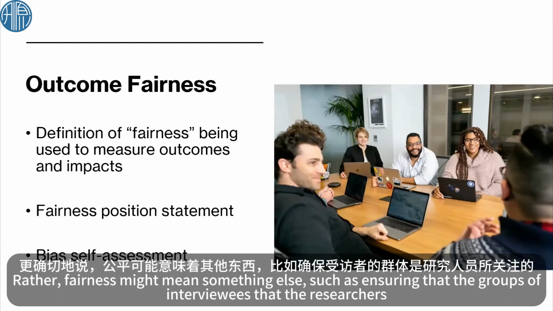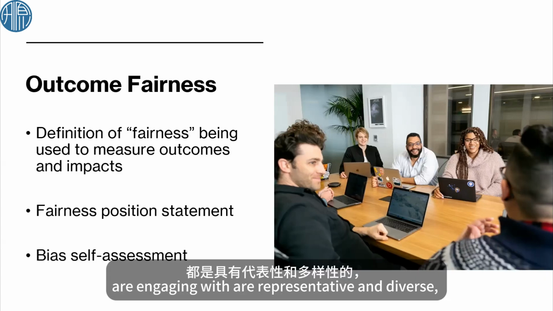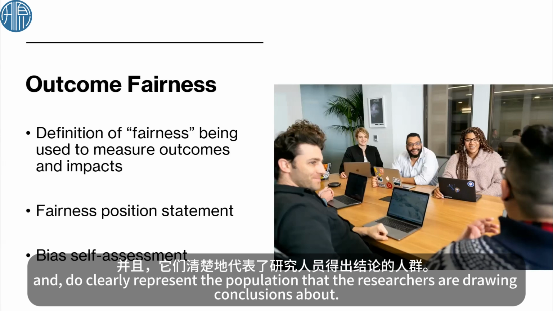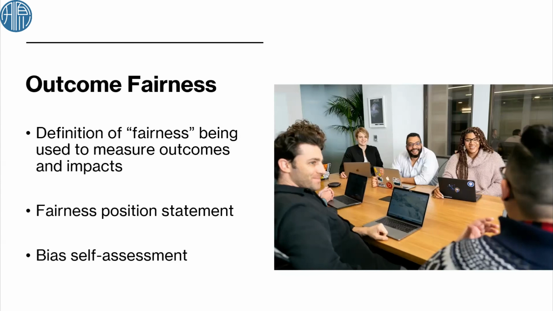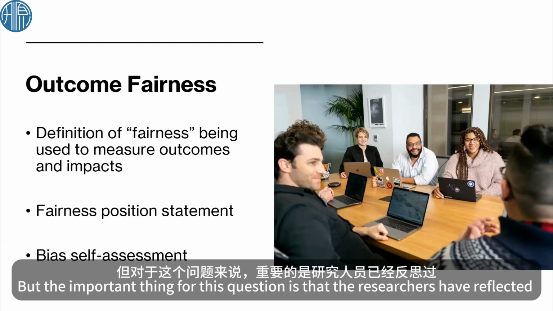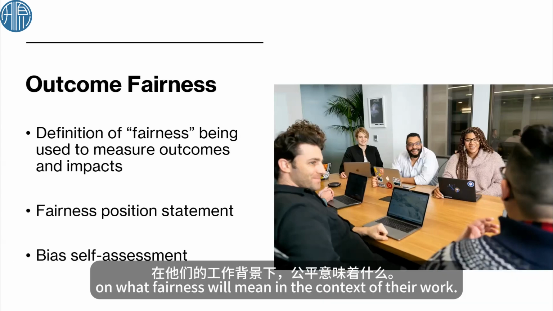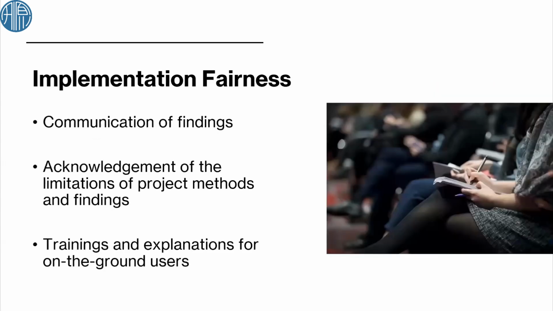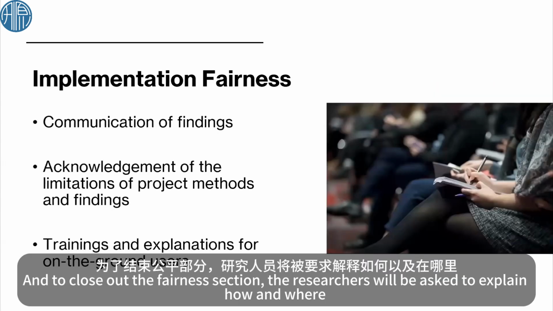Rather, fairness might mean something else, such as ensuring that the groups of interviewees that the researchers are engaging with are representative and diverse, and do clearly represent the population that the researchers are drawing conclusions about. But the important thing for this question is that the researchers have reflected on what fairness will mean in the context of their work.